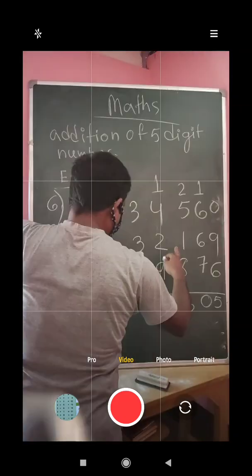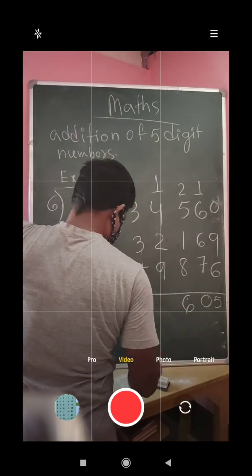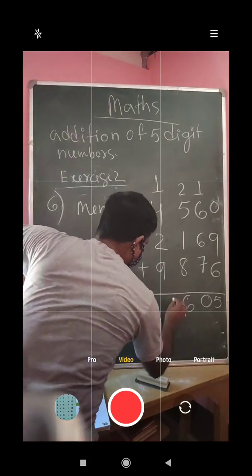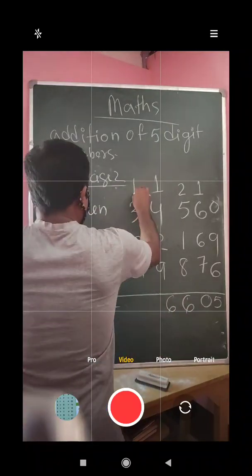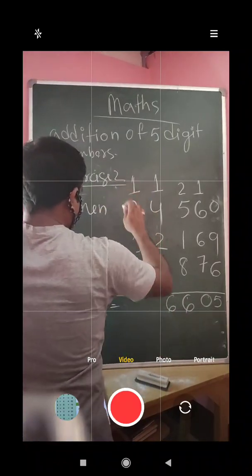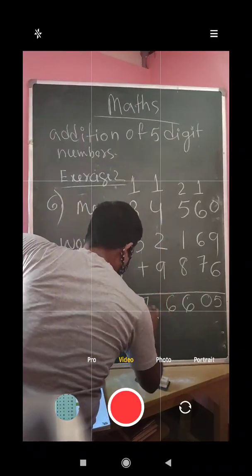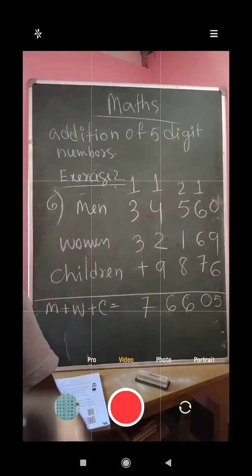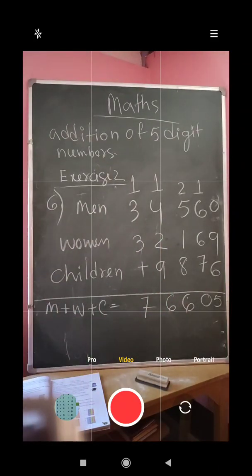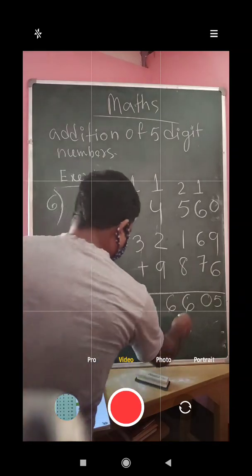So 4 plus 1 is equal to 5, 5 plus 2 is equal to 7, 7 plus 9 is equal to how much? It is 16 again. So 6 here, 1 will come here. So 3 plus 1 is equal to 4, 4 plus 3 is equal to 7. So total is 76,605.